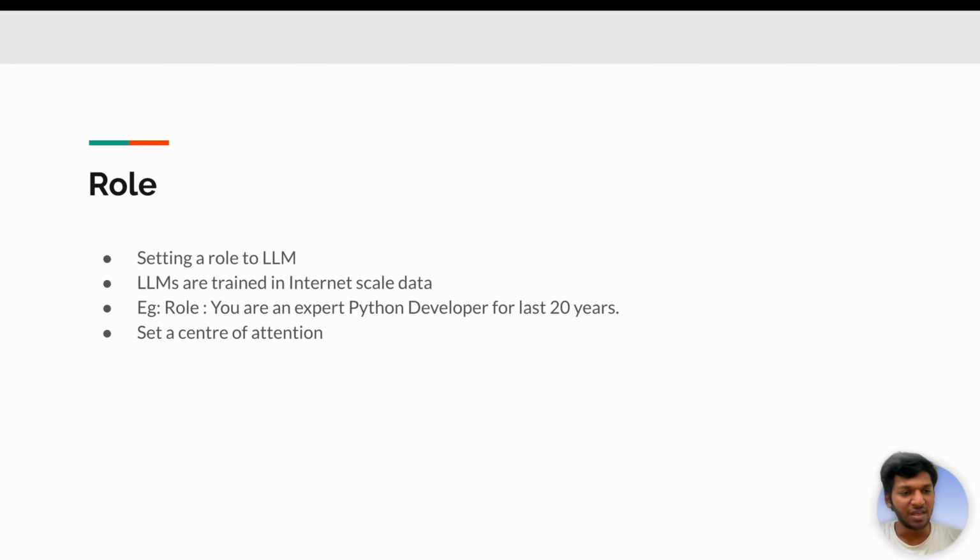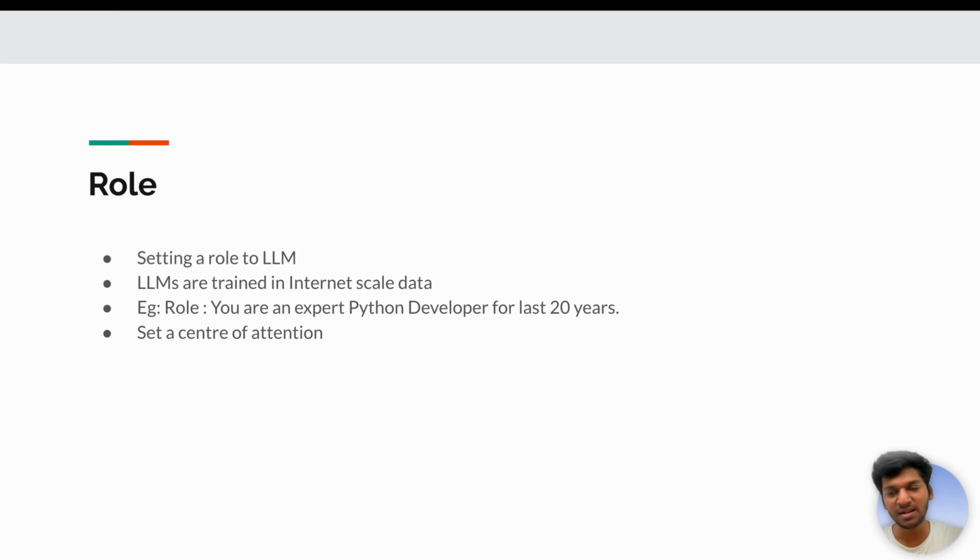But here we need only a specific desired task, like generating a Python program or a React front end or SQL commands. So we need to give a particular role to the LLM so that it can understand from which domain we need to acquire the knowledge, right?